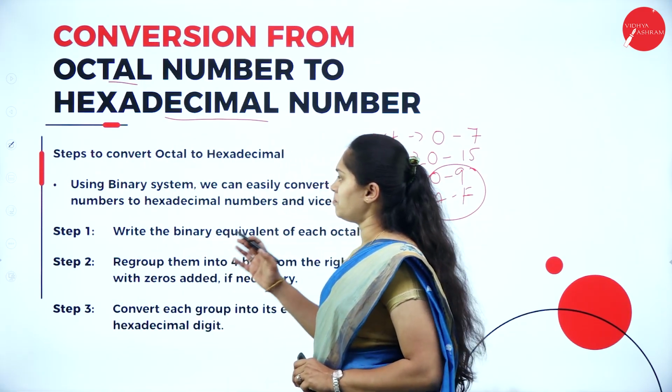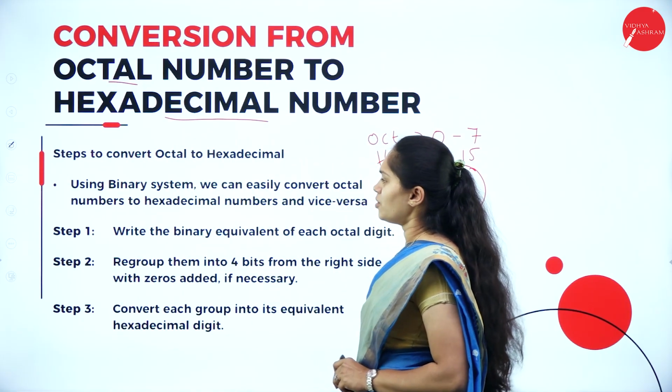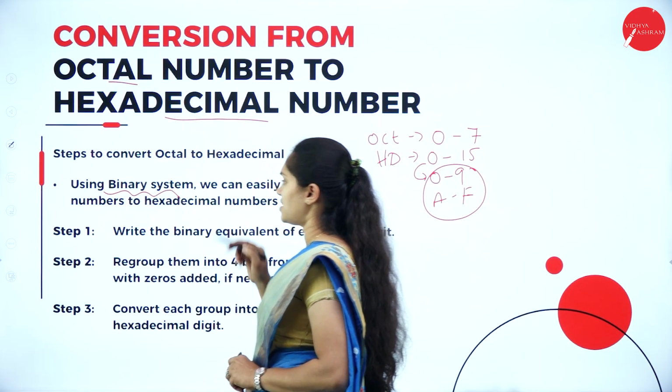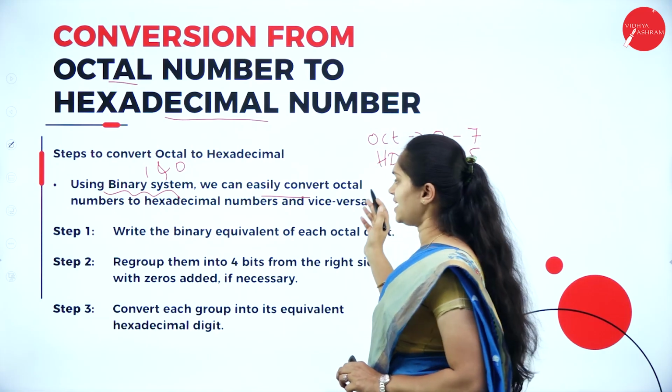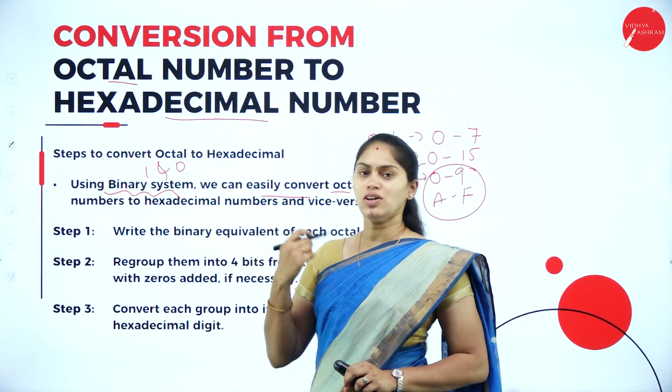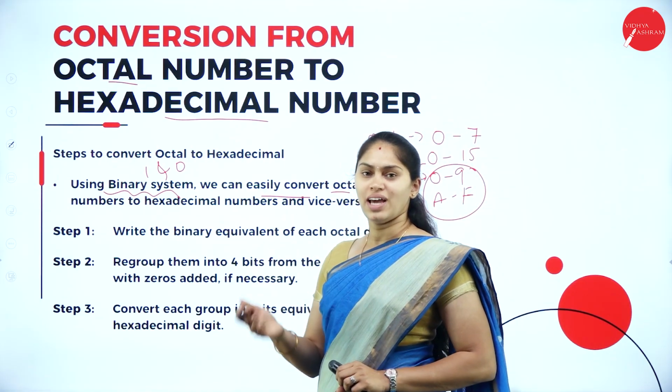We'll see the example along with the steps here. By making use of the binary system, which comprises 0 and 1, we can easily convert hexadecimal to octal and octal to hexadecimal.